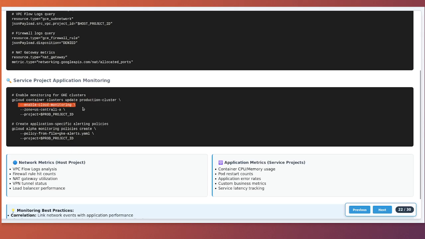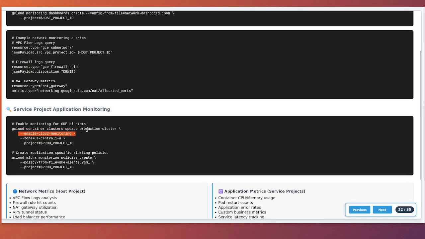Application monitoring happens at the GKE cluster level in each service project. This includes container metrics, application logs, and custom metrics from your applications. Workload metrics help you understand resource utilization and performance. The key is correlating network-level events with application-level events.